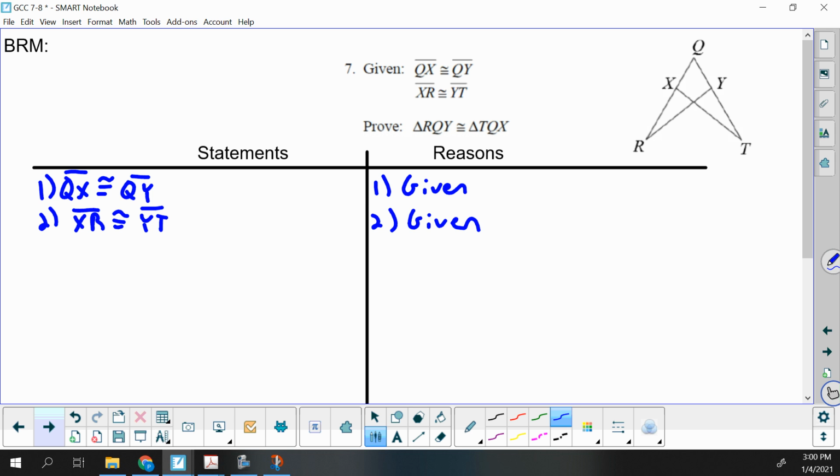And let's see if we can identify the triangles we want to get, because there's a bunch of triangles in the pictures here. So RQY and TQX. So those two triangles.